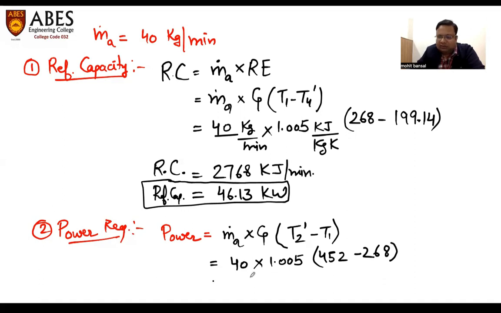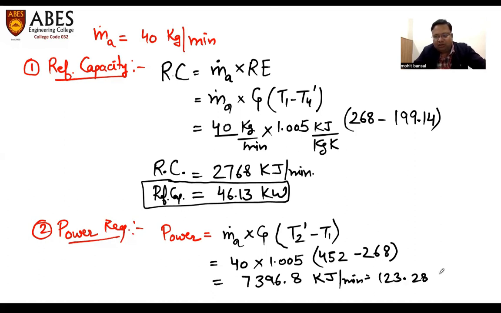That comes out to be 7396.8 kilojoule per minute. And when we divide 7396.8 by 60, it comes out to be 123.28 kilojoule per second.